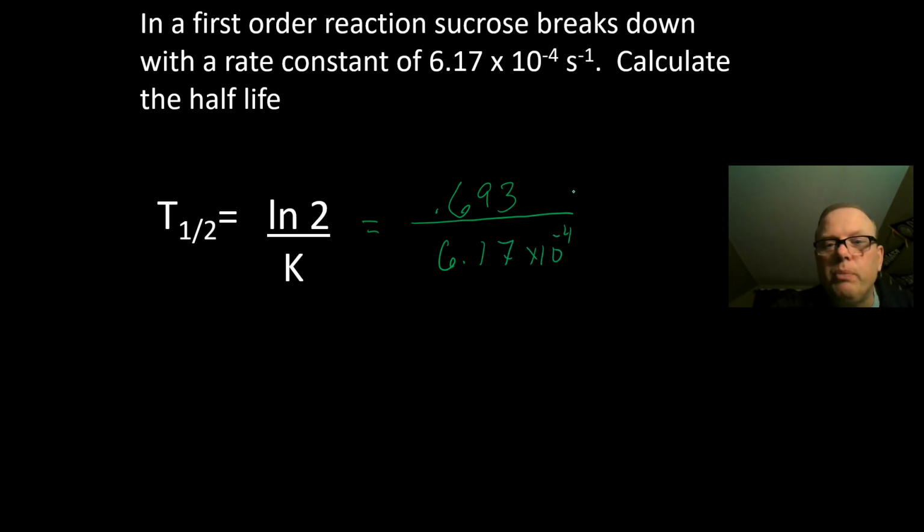Now, seconds reciprocal is the unit, so seconds ends up at the top, and that'll end up being our only unit there. So we just have to divide those two numbers, and I got 1123 seconds as my half-life. So that is the half-life of sucrose from this example. That's how we do this.